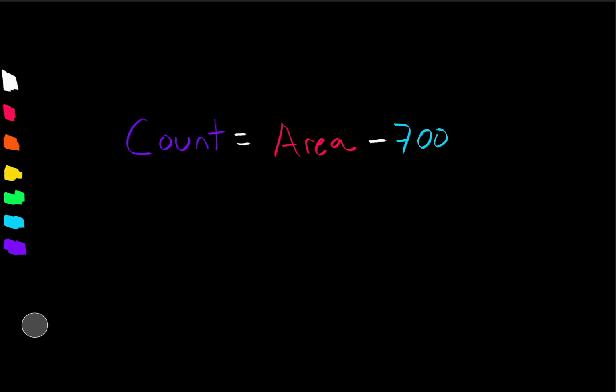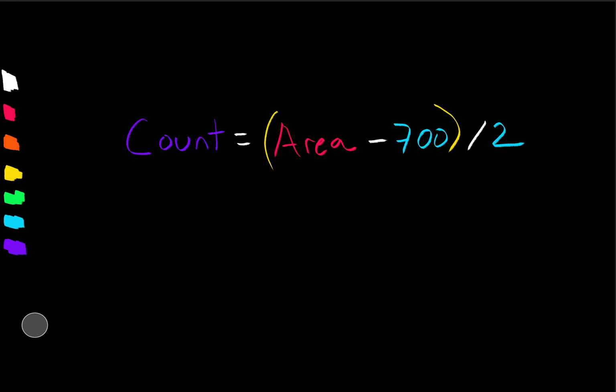So this gives us the area left over for people. According to the written instructions, each person will take up 2 square meters. Okay, so let's wrap this first part in a set of parentheses. Then we can divide that total by 2 to get the count.